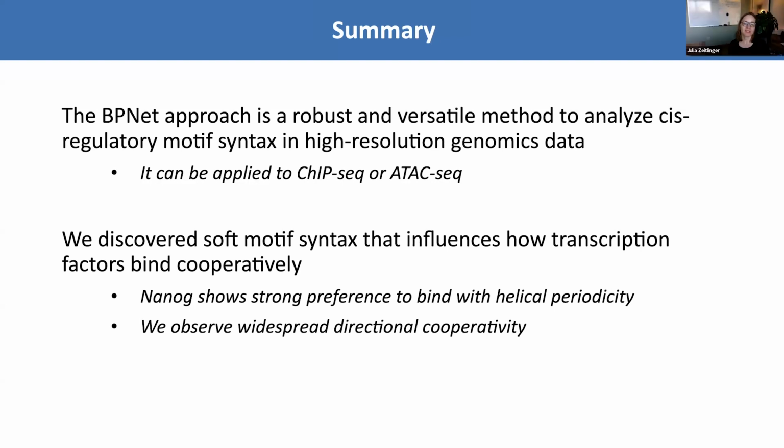Have you taken this a step further and looked at temporal binding, say during development and things like that? And also along those lines, can you somehow in your modeling predict protein concentrations?